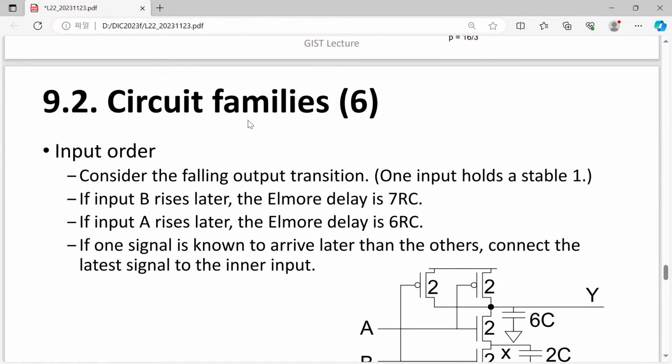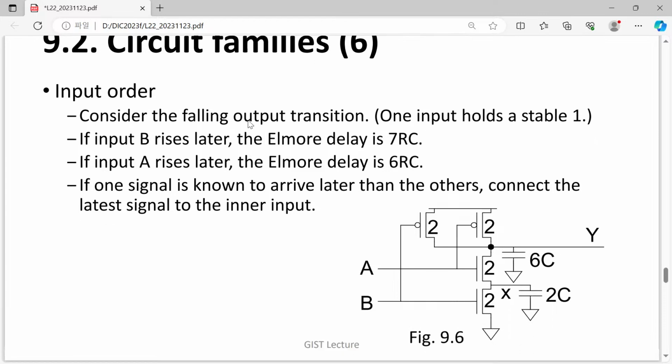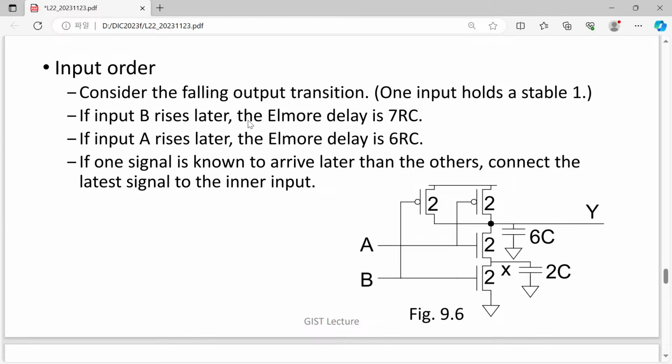And another topic here is input order. So what is it? Figure 9.6 just shows an inverter. Oh, sorry about that.